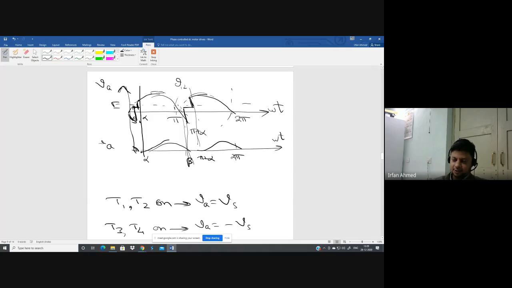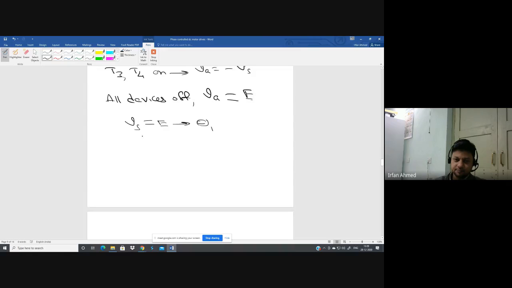Now, how to find that average value? That average value can be found by using integration. Suppose we have any function f of t, and let us say this is that function, and I want to find out the average of this function from t1 to t2.